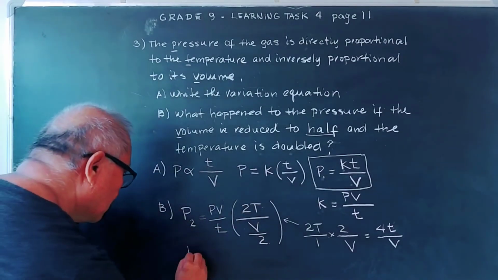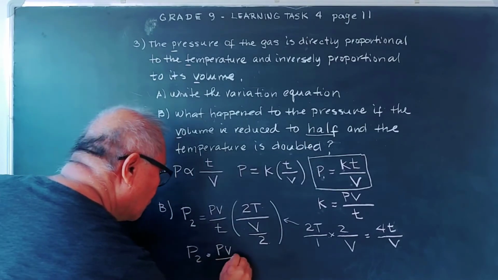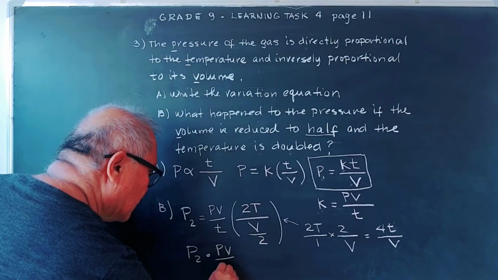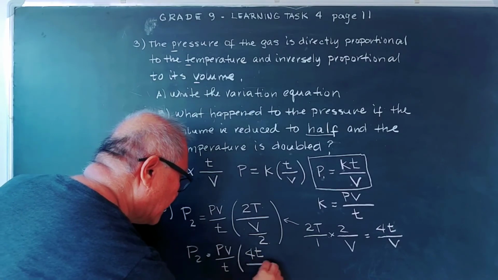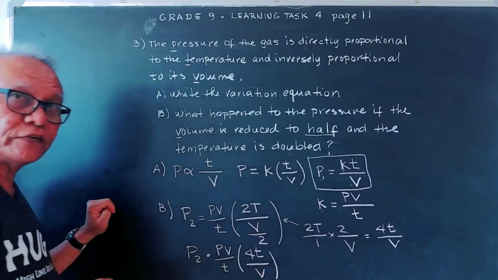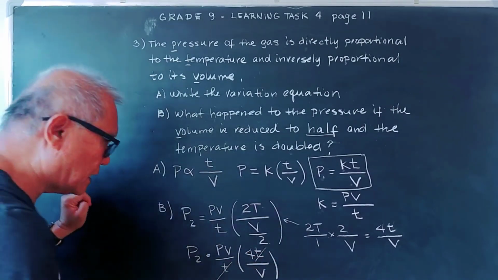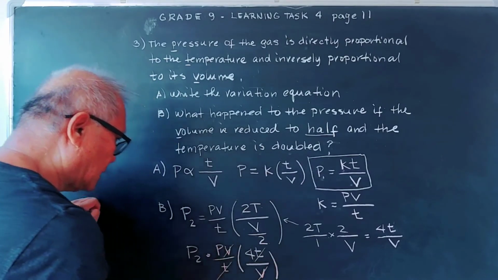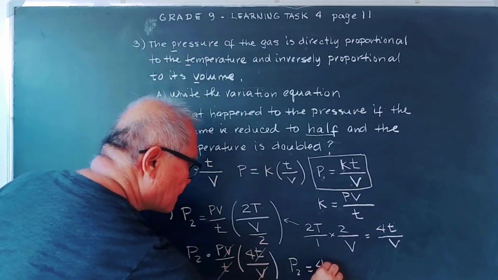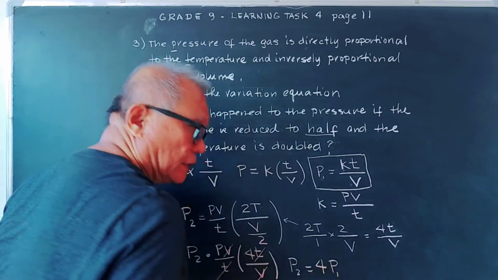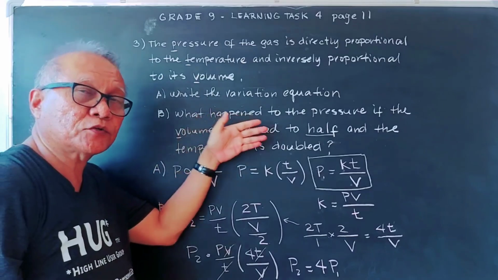So, P2 is equal to PV over T times itong 4T over V. So, yung temperature equal to 1, cancel. Yung V, cancel. So, ang pressure to ngayon ay 4 times ng pressure 1. Okay? Now, the pressure is 4 times that of pressure 1 now.